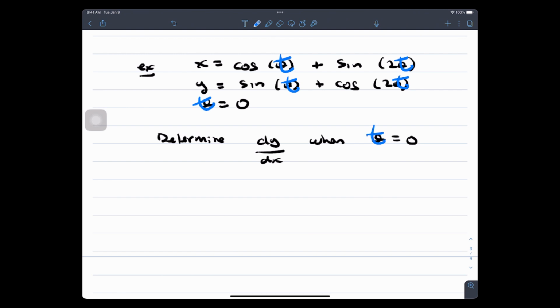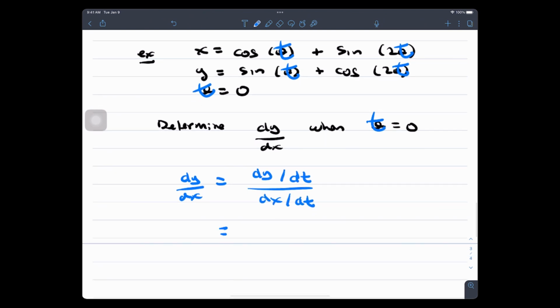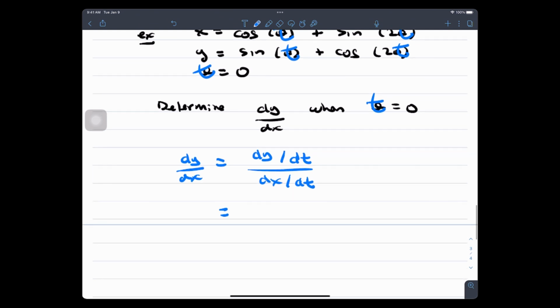So the definition is dy/dt, or dy/d theta, over dx/dt, or dx/d theta. Sometimes it just uses a different parameter letter. Why did they choose theta? Because it was a trig function, but it doesn't matter. So what is dy/d theta? Take the derivative of y now. Isn't the derivative of sine what?